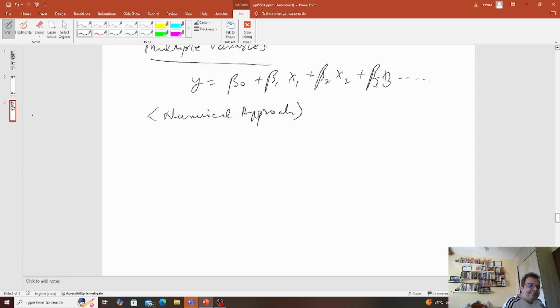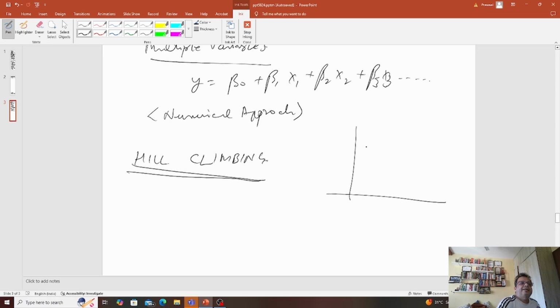Okay, so the next reading is about something called hill climbing. A lot of these names are also very intuitive. This came from the intuition of, let's suppose we are in x and y, and your loss function, or whether it is a maximum likelihood or anything else.